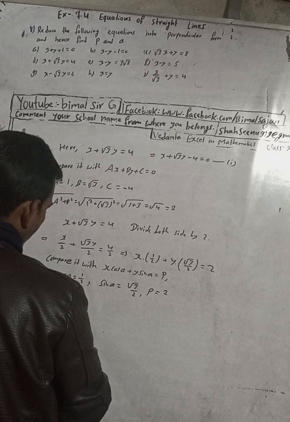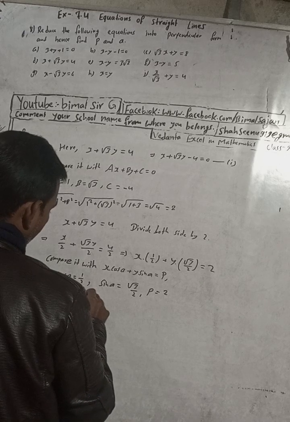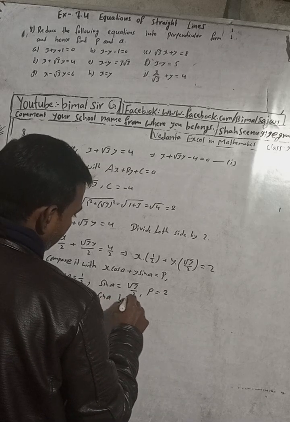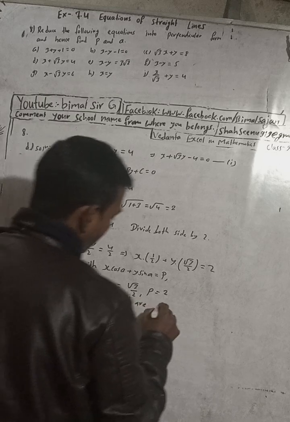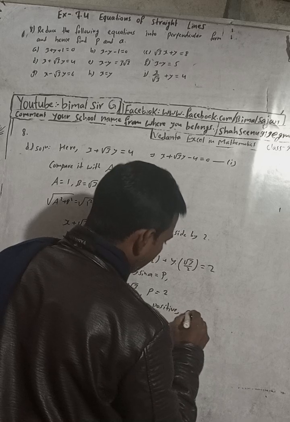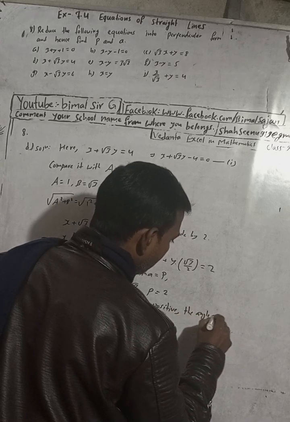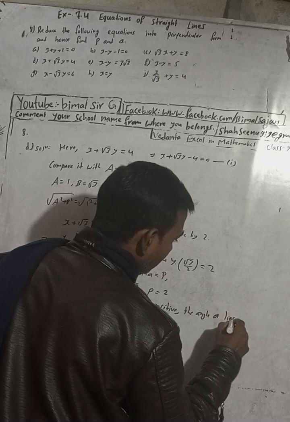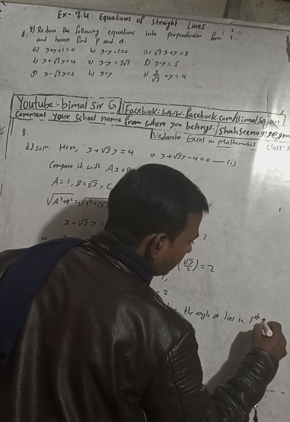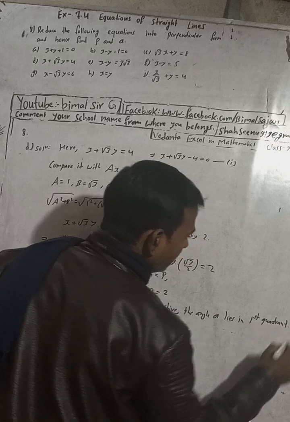Now since cos alpha and sin alpha both are positive, the angle alpha lies in the first quadrant.